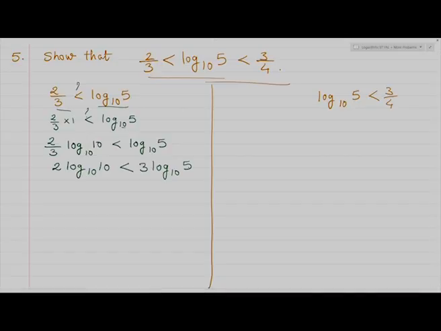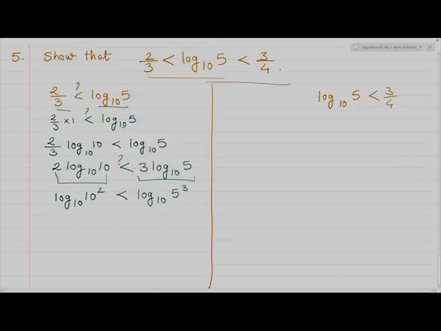Do I know something about these logs? Yes, I know the power law for these logs, both of them follow the power law. So, it is log to the base 10 of 10 square, which will be less than log to the base 10 of 5 cube.